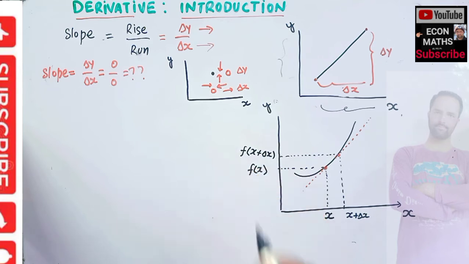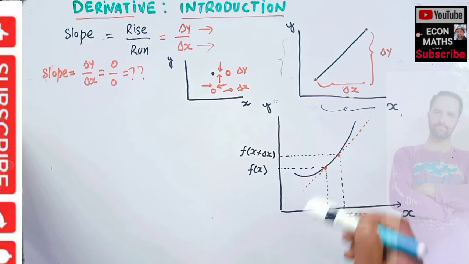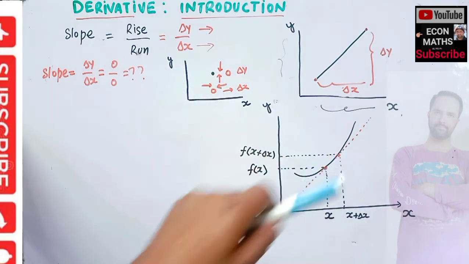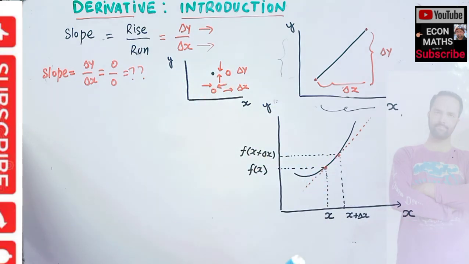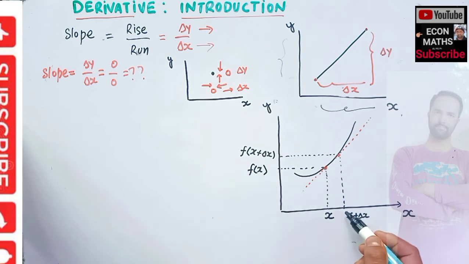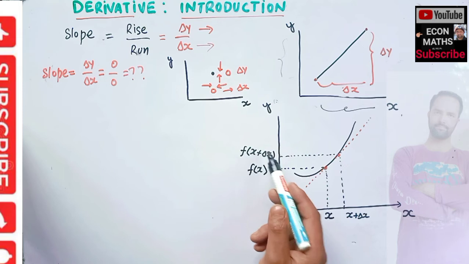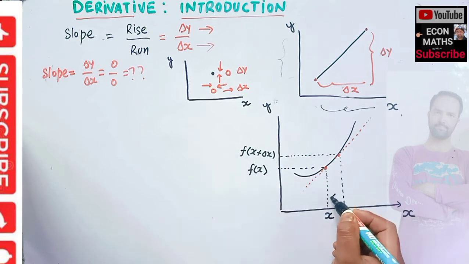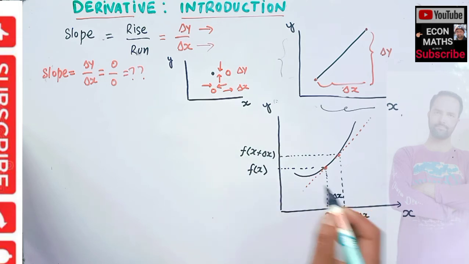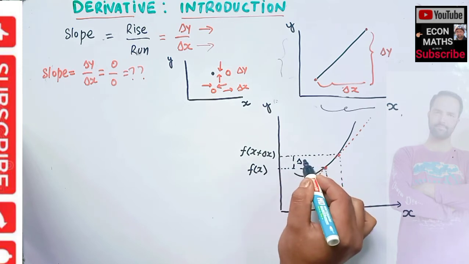Simple thing, I have done nothing unusual. I have taken 2 points and zoomed this in for the sake of simplicity. When we have x, our function is f of x. When we have x plus del x, our function is f of x plus del x. This shows us the change in x, and this shows us the change in y.